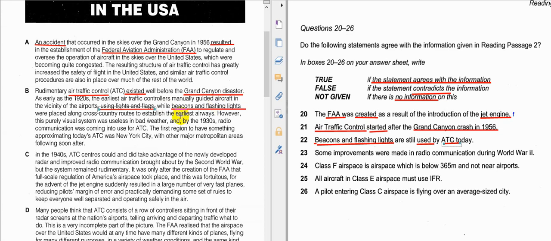So for the sake of being sure, let's check. However, this purely visual system was useless in bad weather, and by 1930s, radio communication was coming into use for ATC. Now, it doesn't say beacons and flashing lights were no longer used up to that point, right? And if we keep going, it just doesn't work.